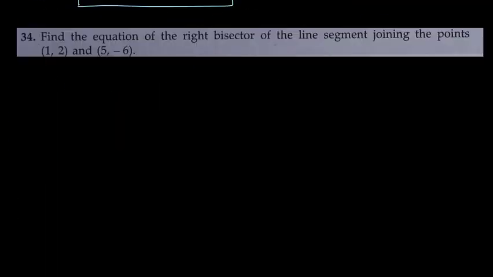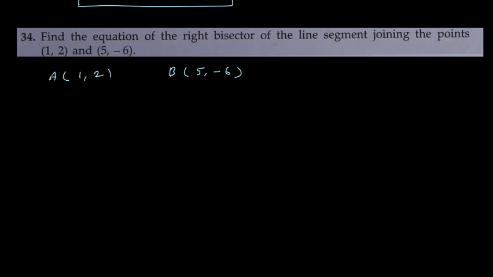Now question number 34 is find the equation of right bisector of the line segment joining these 2 points. So you have point A say 1 comma 2 and point B as 5 comma minus 6. Find the equation of right bisector of the line segment joining these 2 points. Right bisector, perpendicular bisector.